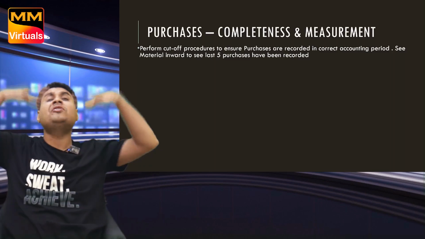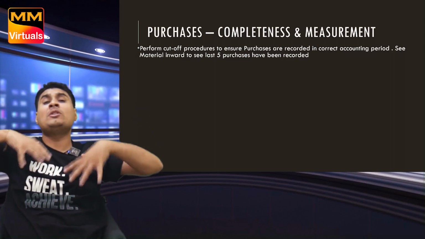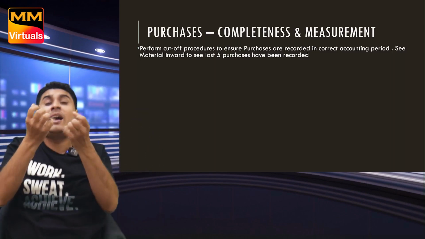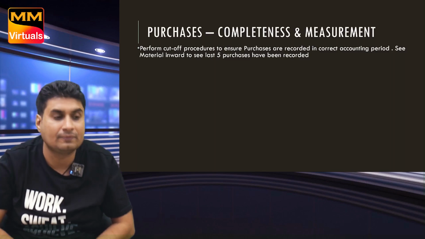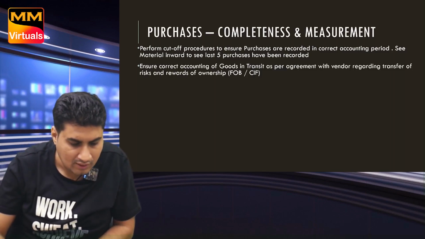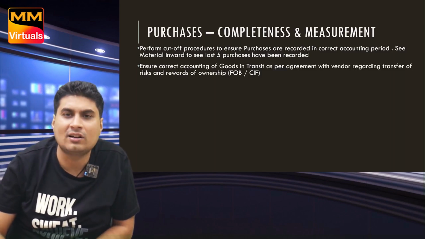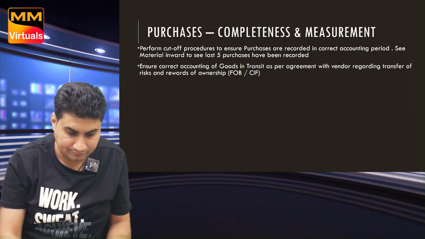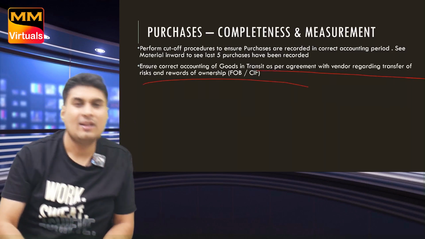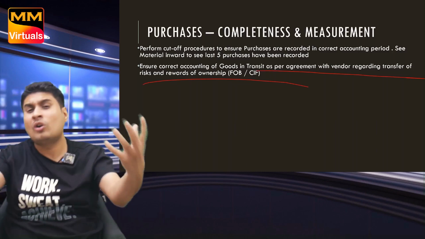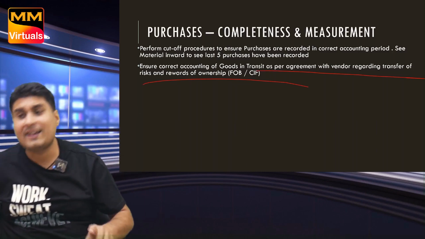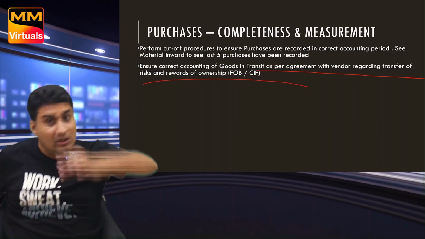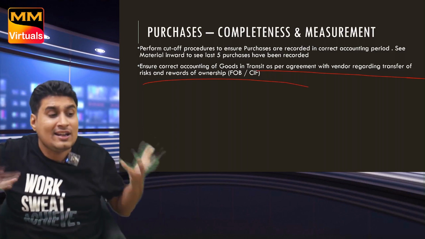Many times I don't want to inflate my expense, I want to show lower expense. Ensure goods are correctly entered. Goods in transit also have been entered. If goods are in transit, then we have to see whether it is FOB or CIF. If CIF is there, then don't recognize this purchase. If FOB is there, it's already your purchase.